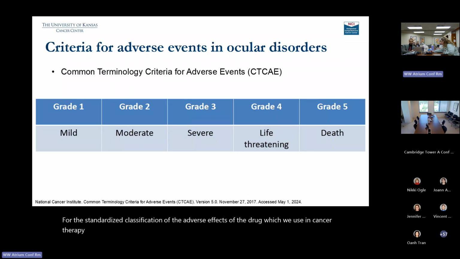And CTCAE is a product of the US National Cancer Institute.